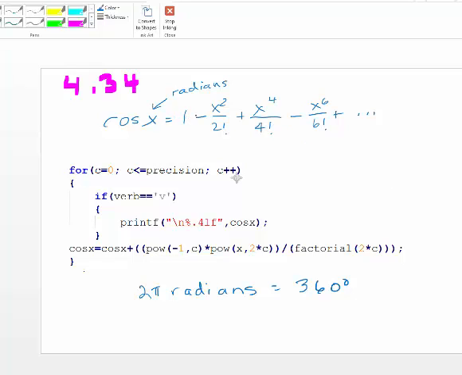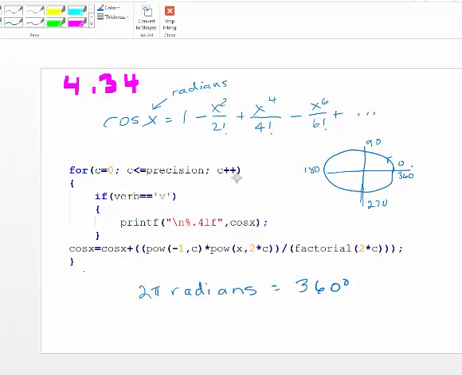I'm not sure what everybody knows here, so just bear with me if I'm repeating myself and annoying you, then skip ahead on your video. That's the pleasure of having a video instead of a real live class. So 360 degrees makes a circle, so that's 0 degrees, 90, 180, 270, and you go around the circle counterclockwise, and that would be 360 or back to 0.